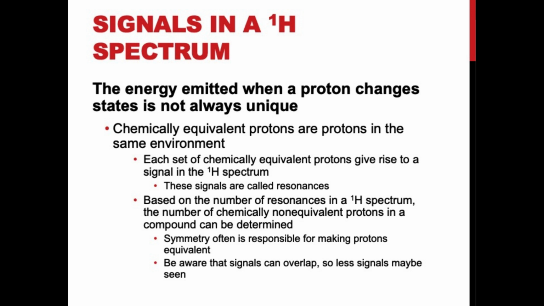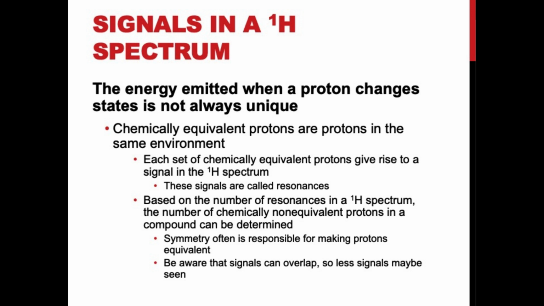But there are hydrogens that are chemically equivalent, which means the NMR sees them as being the same, or they are in the exact same environment, right? So each set of chemically equivalent protons, so each set of hydrogens that are unique, give a signal in a spectrum.